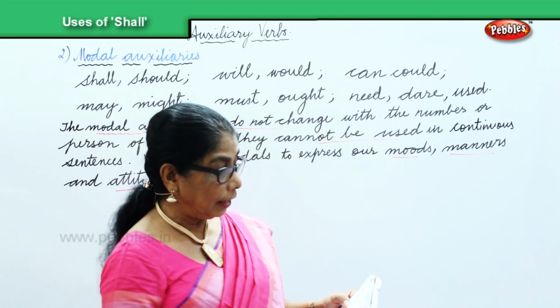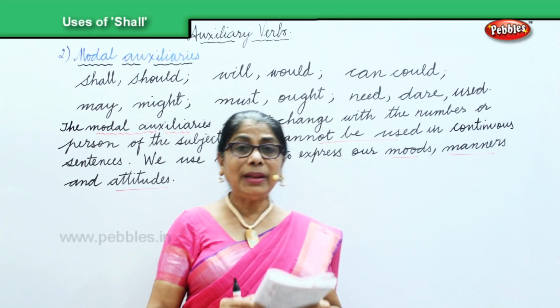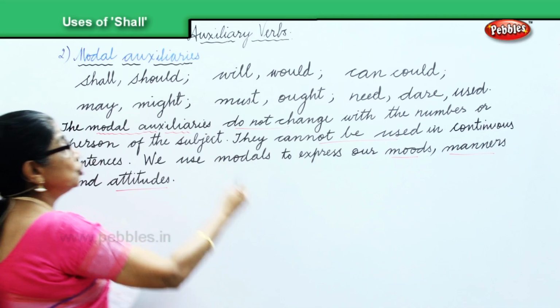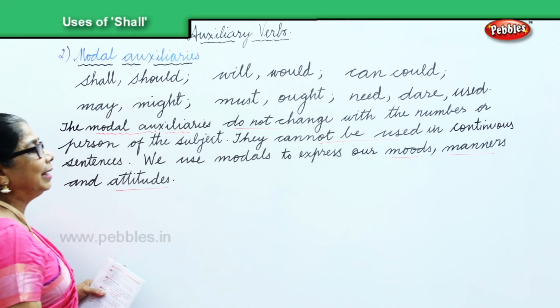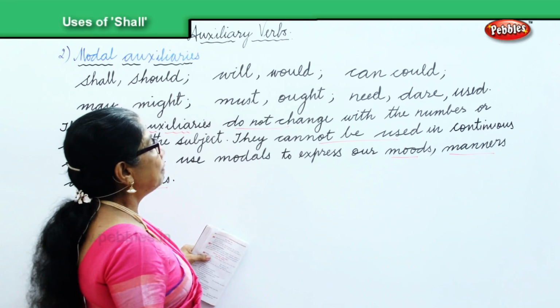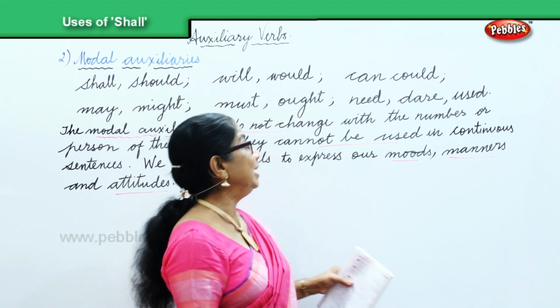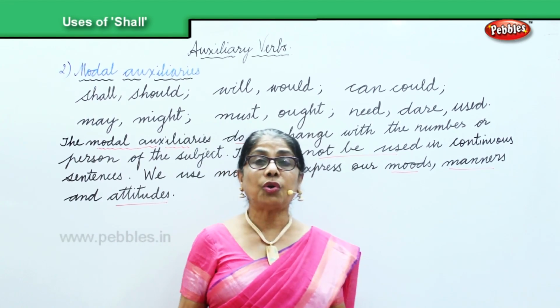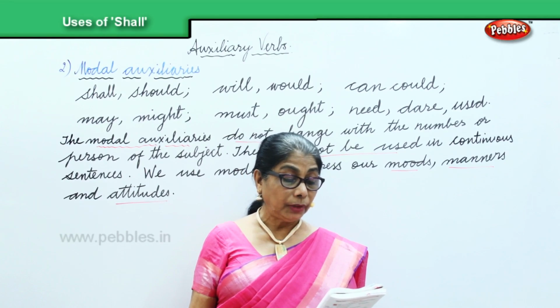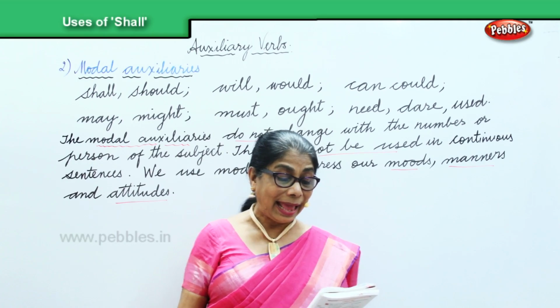All right? Now let's look at all the verbs I had put down for you: shall, should, will, would, can, could, may, might, must, ought, need, dare, used, all these. We're going to use them in sentence form. Now, the use of shall and will.